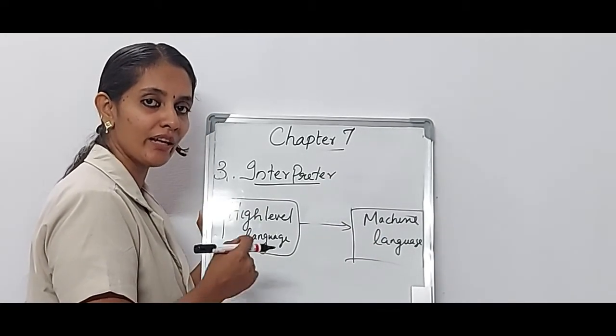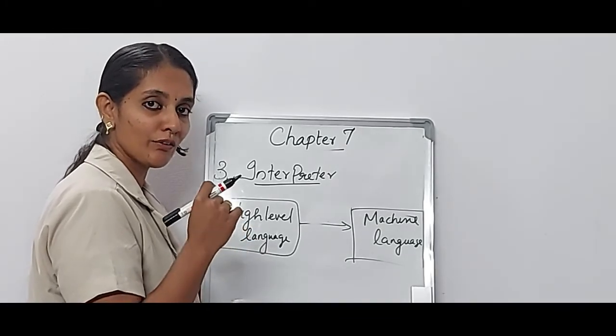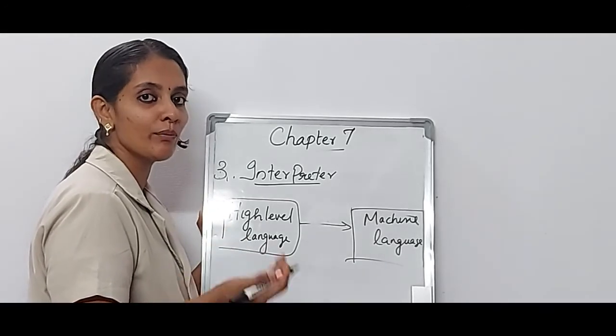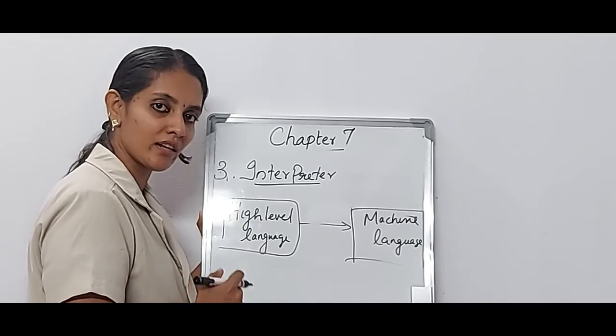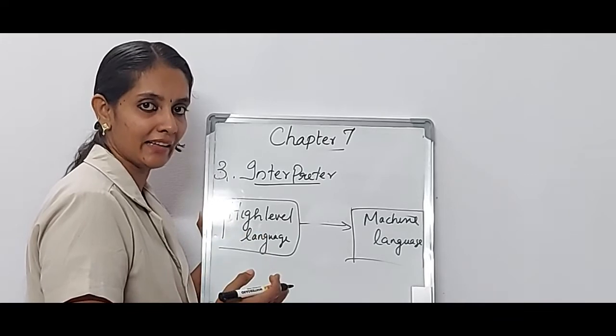After executing it, it will display the error of the first line, and after correcting the error, only then it will move to the next line, execute it, and display the error of the second line, like that.